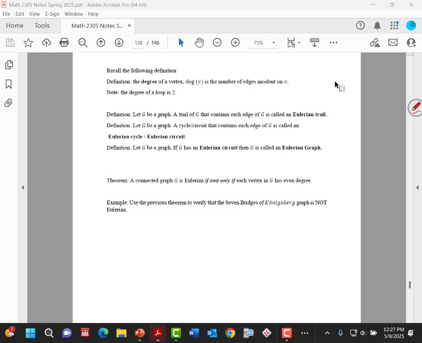Now, this next theorem is super important to help us determine whether a graph is Eulerian or not. A connected graph G is Eulerian if and only if, okay, so this is the whole biconditional idea. This is why we study logic and biconditional statements in previous sections. So we have the whole P if and only if Q, the hypothesis and the conclusion.